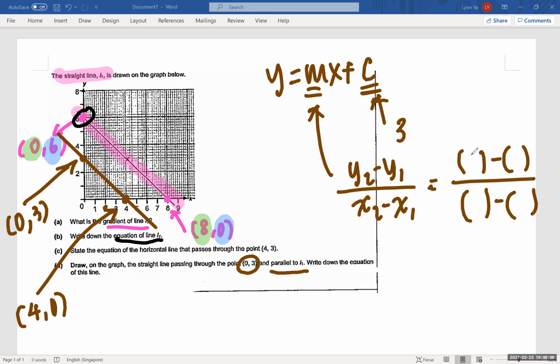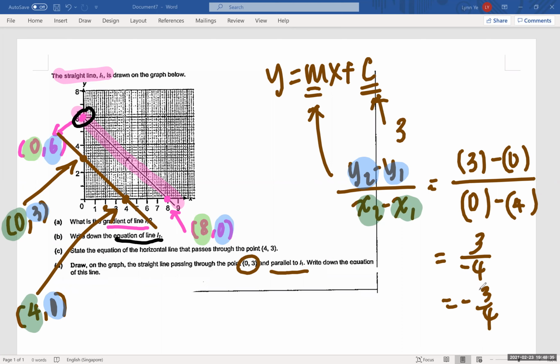That means it is 3 minus 0 over 0 minus 4. Why? Because it's y2 minus y1 over x2 minus x1. So that will give me a value of 3 over negative 4, which is minus 3 over 4, which makes sense because they say it's parallel to L1.